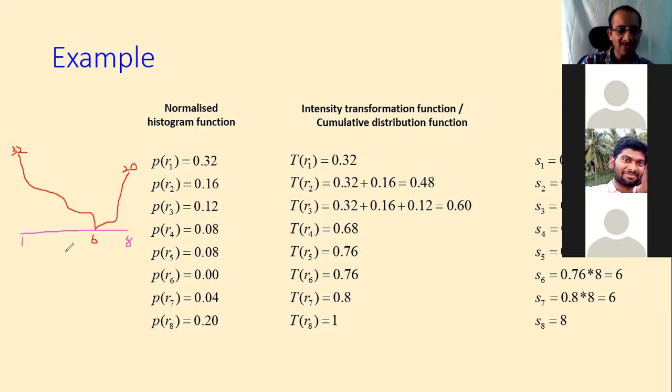So what we want to do now is map this input image histogram to an equalized histogram. I will try to bring another color. The equalized histogram should look something like this.